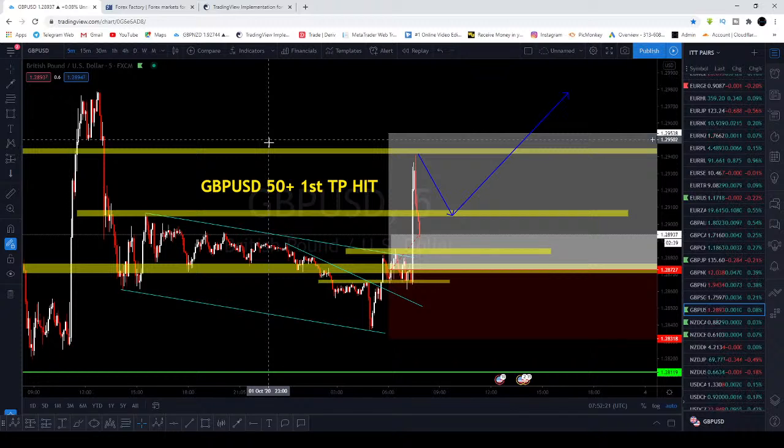But big banks, we don't control the market. We are just traders, they control the market. I just do my analysis, trade it, and see the outcome, right? Of course, right now we took about 50 pips this morning. It's still cool, but let's see how far it can move.